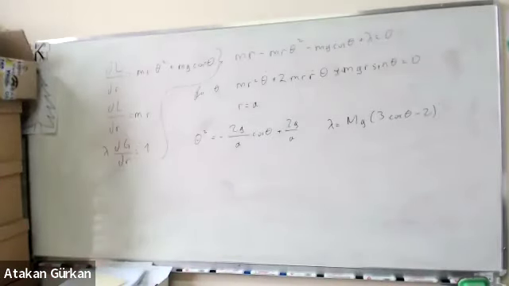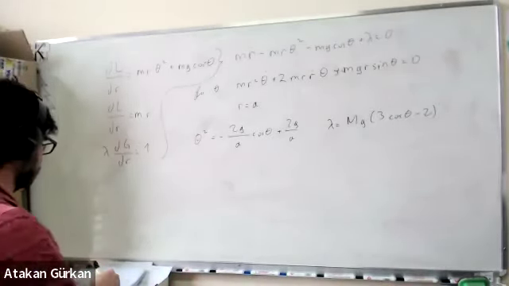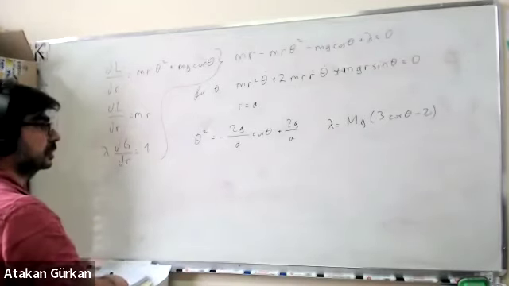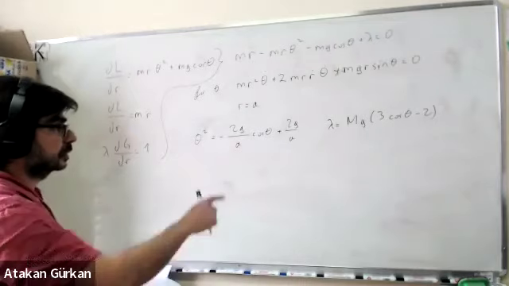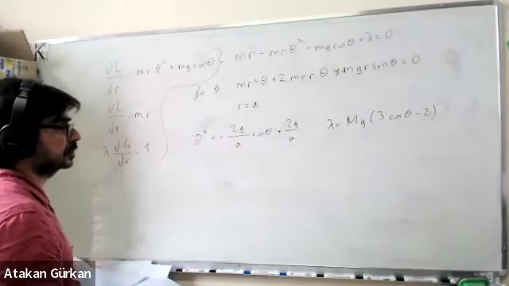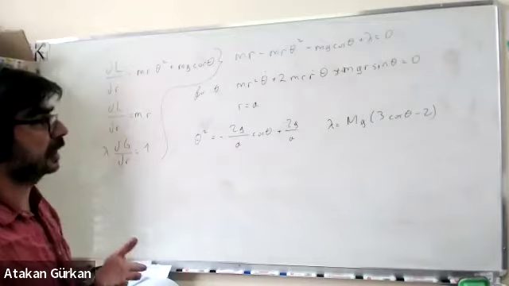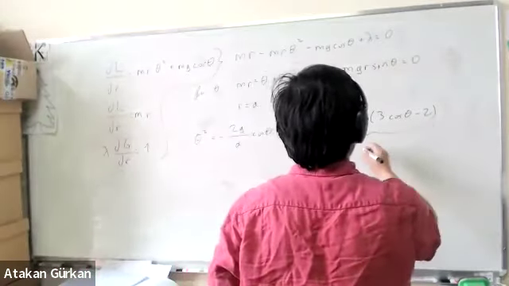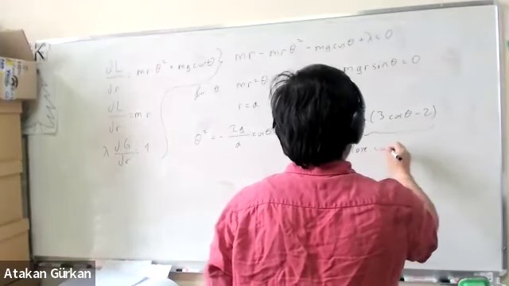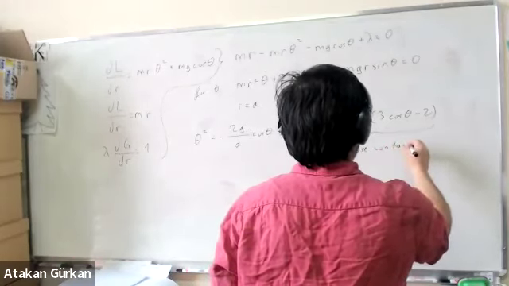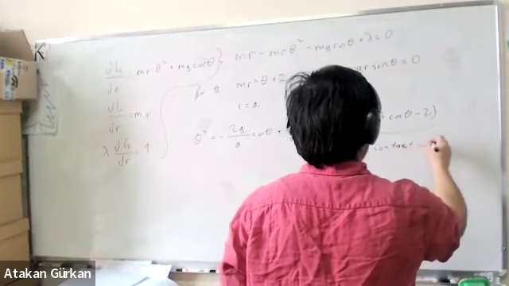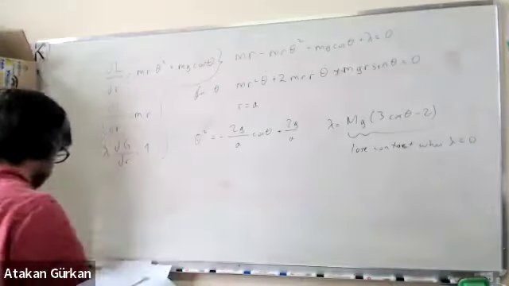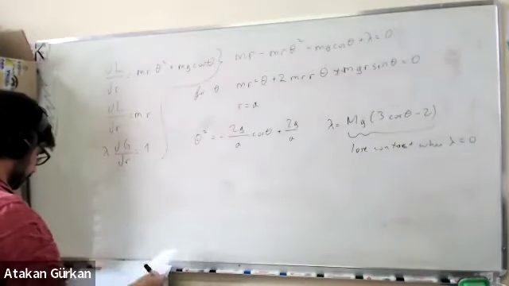Now, if you recall what we did at the beginning of the lecture, when lambda is 0, the constraint force is also going to be 0. So the constraint force here is the normal force. So you want to figure out when you lose contact, which is when lambda is equal to 0, because that gives the normal force.